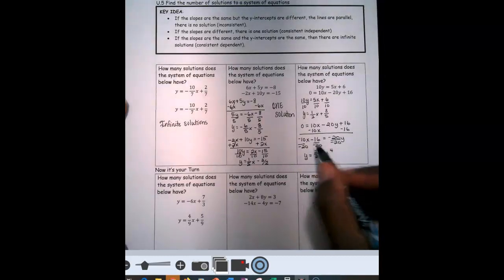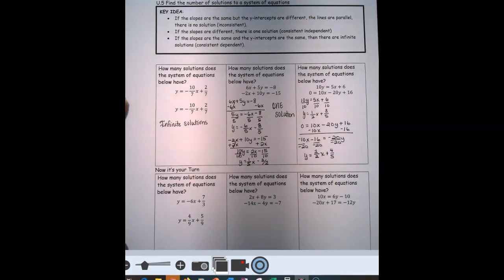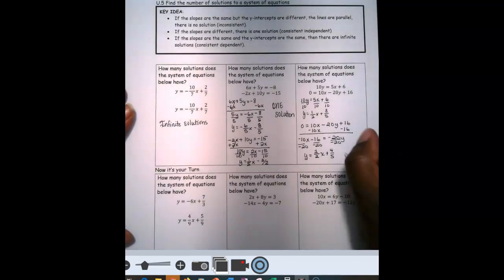There we go. 4/5. So I'm looking here, and my slopes are the same. Y-intercepts are different. So here I have no solution.